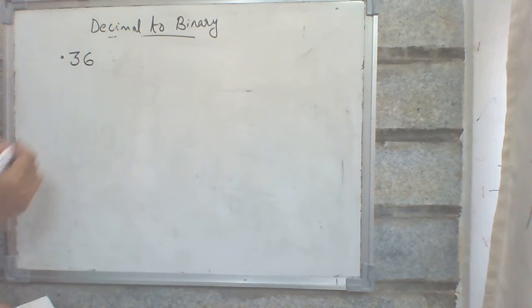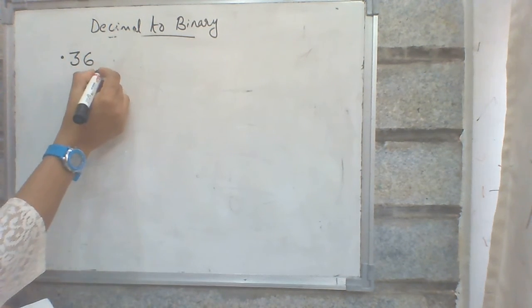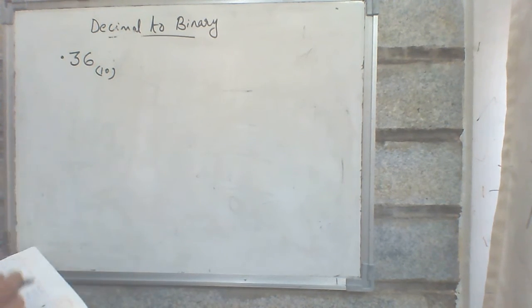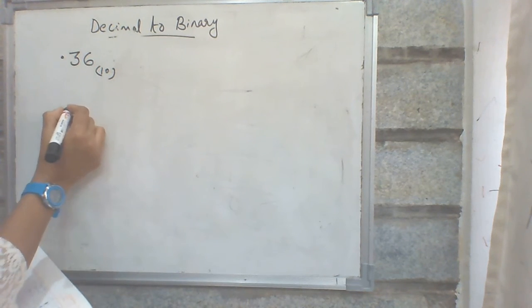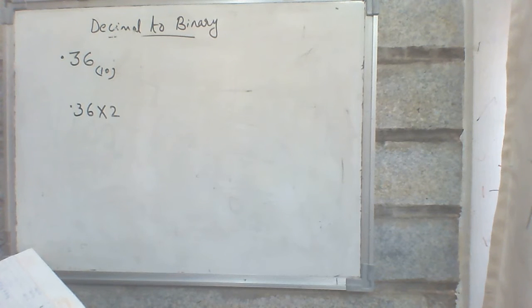This is a fraction number. 0.36 is a decimal number. Then how to convert this decimal fraction to binary? For that, we need to multiply by 2. See, 0.36 into 2. What is the answer?